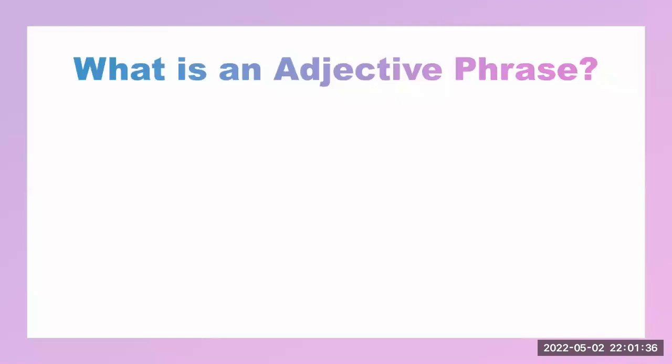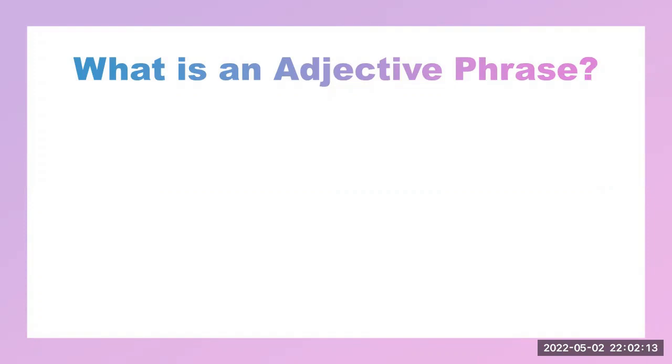So you have a noun phrase, you have an adjective phrase, you have a verb phrase, you have an adverb phrase, you have a prepositional phrase, and so on and so forth. Today, the spotlight is on the adjective phrase, a group of words that does the work of an adjective. By doing the work of an adjective, it is capable of describing a person or a thing, just like an adjective.